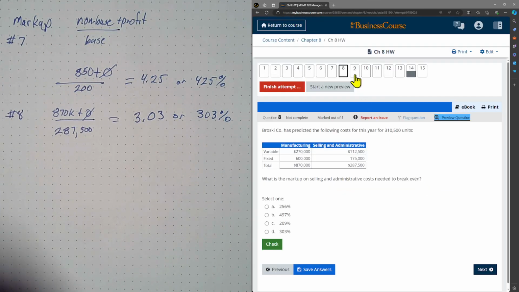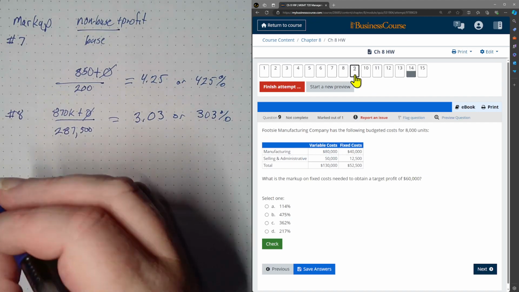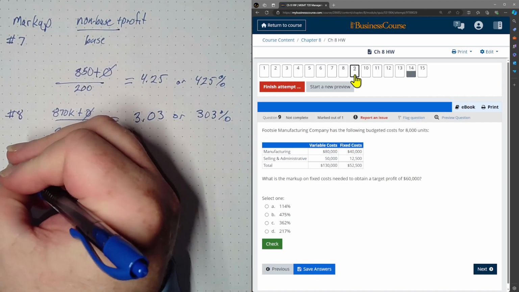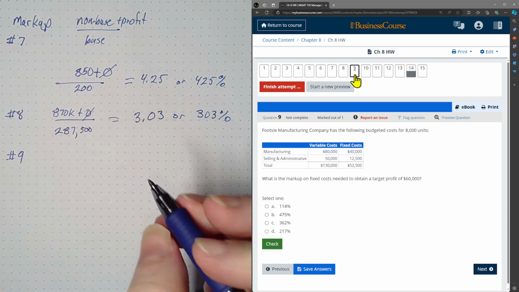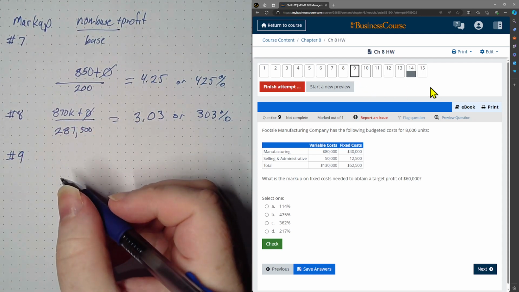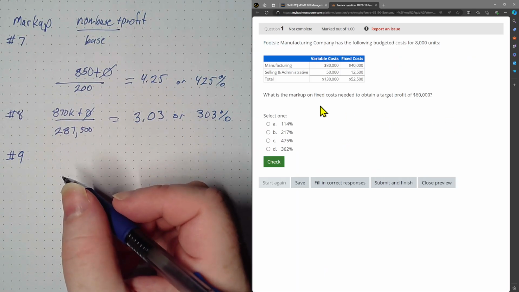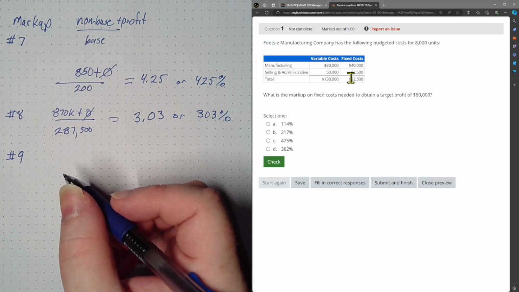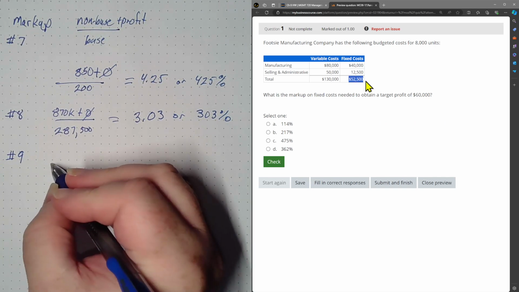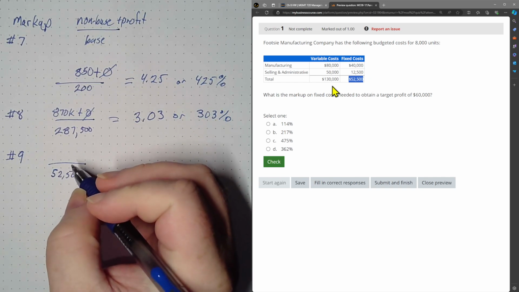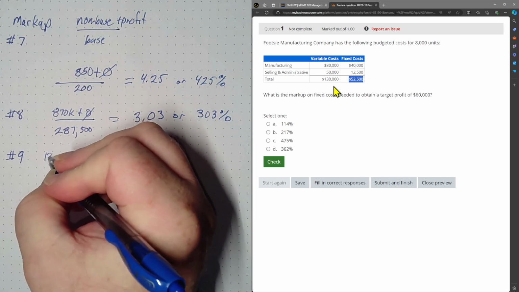The next one, number 9. So if you notice, all 3 of these are markup. It's just variations on a theme. Number 9 is going to be, what is the markup on fixed costs? So it's going to be this one, right? 52,500 is the base. What is not in the base is going to be 130,000.